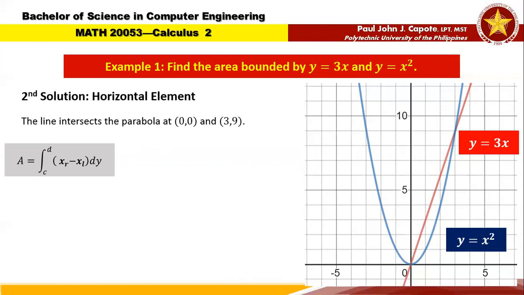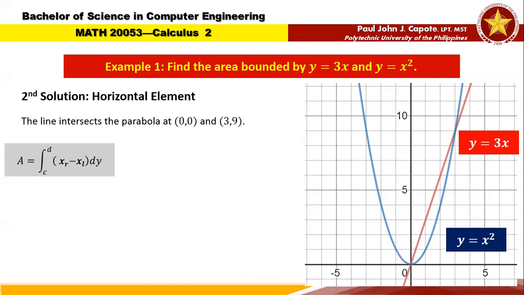If we draw the horizontal element inside the bounded region, the right end touches the graph of function y equals x squared. Therefore, y equals x squared is our right curve. On the other hand, the left end touches the graph of y equals 3x, making it our left curve.